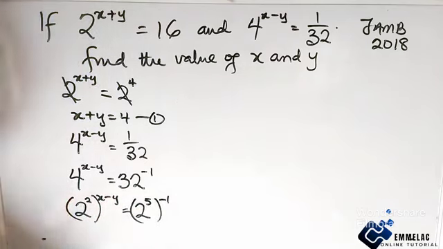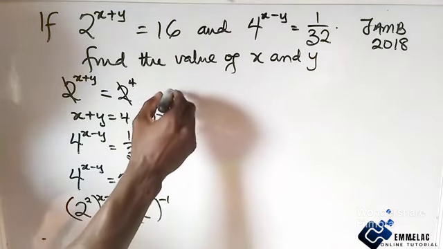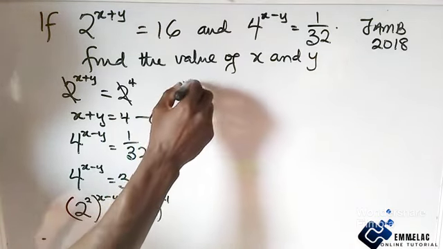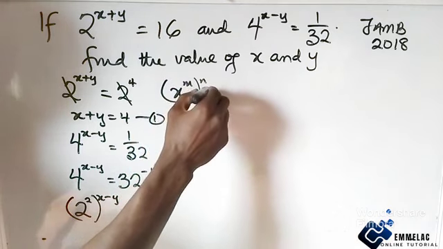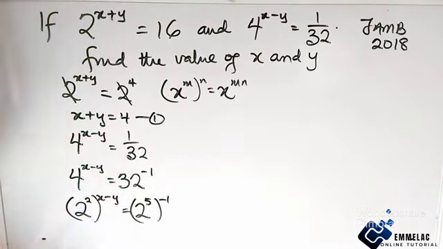Then times minus 1. Always take note that there's also a law that tells you that x raised to the power m, raised to the power n, will give you x raised to the power mn.